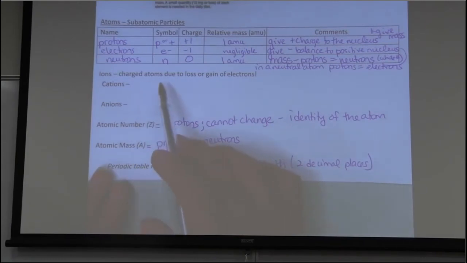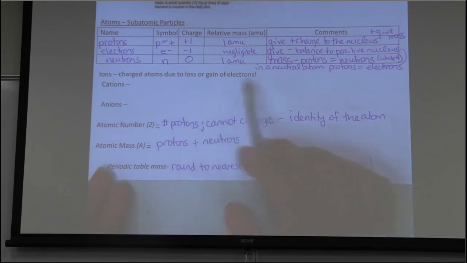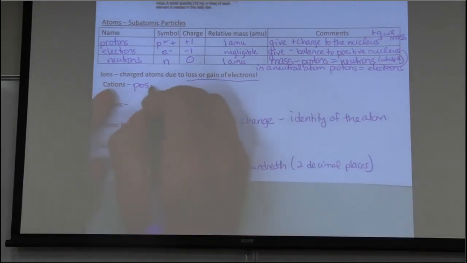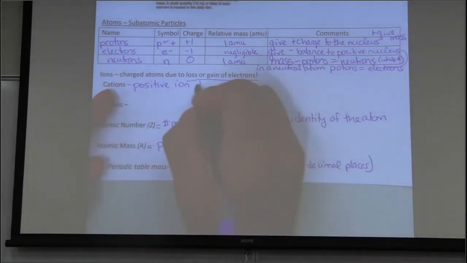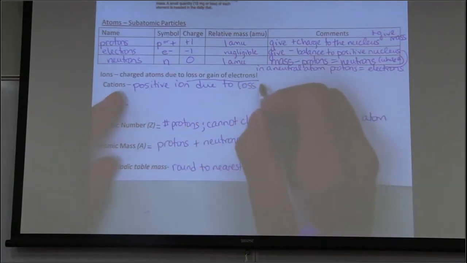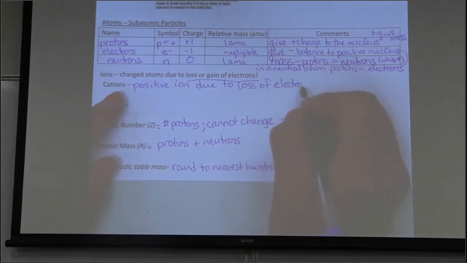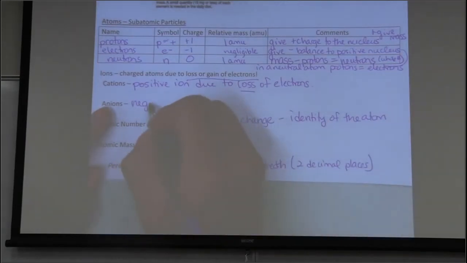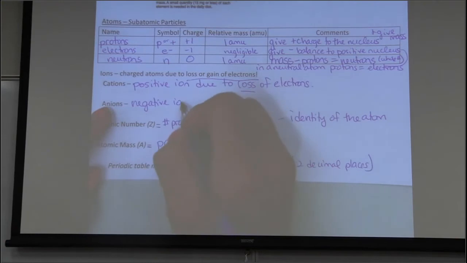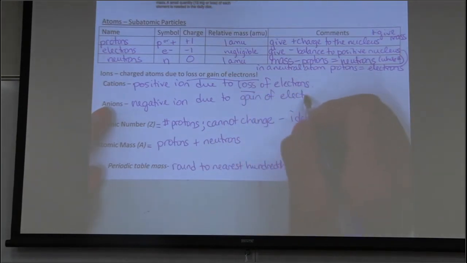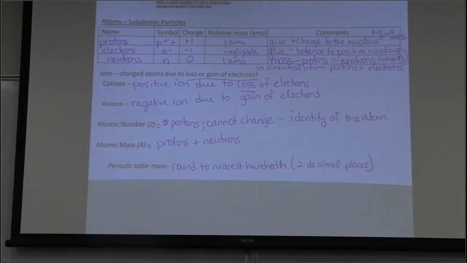Ions are charged atoms due to a loss or gain of electrons. A cation is a positive ion due to what? Loss of electrons. Anions are negative ions due to what? Gain of electrons. Remember, if you gain negatives, you become negative.